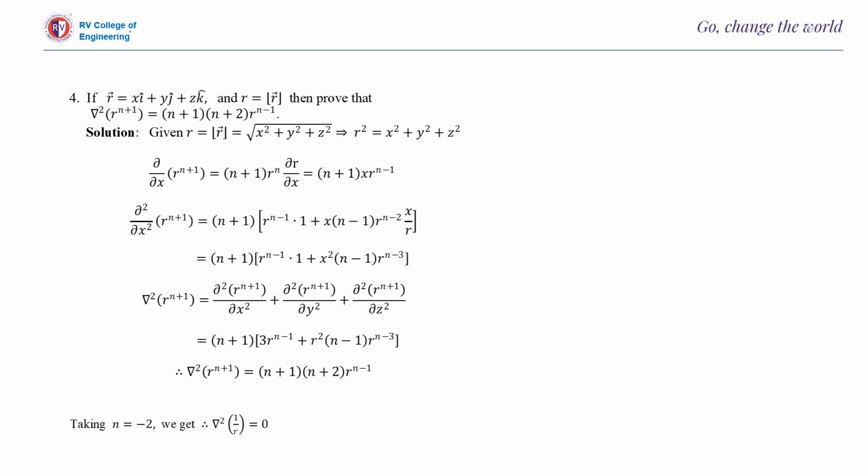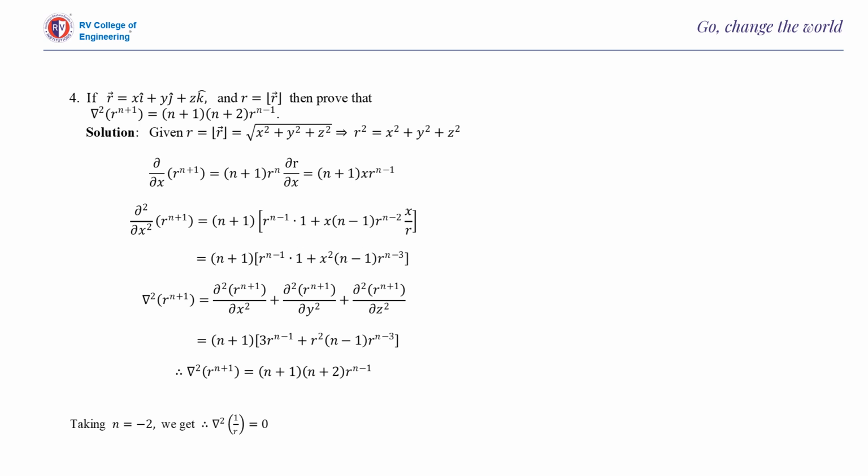Similarly, if you differentiate a second time, keeping n plus 1 as a constant outside, and using the product rule, we get x times r to the power of n minus 1, keeping x constant, and the differentiation of x is 1.